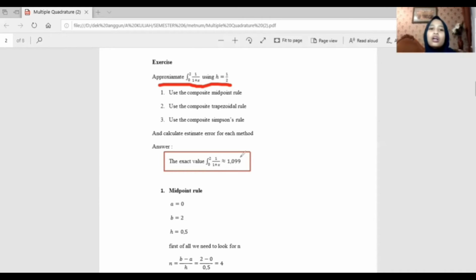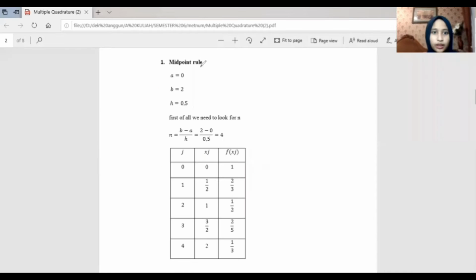First of all, we have to look for the exact value of the integral from 0 to 2 of 1 over 1 plus x, which is almost 1.099. For the midpoint rule, from the information given, a equals 0, b equals 2, and h equals 1 over 2.